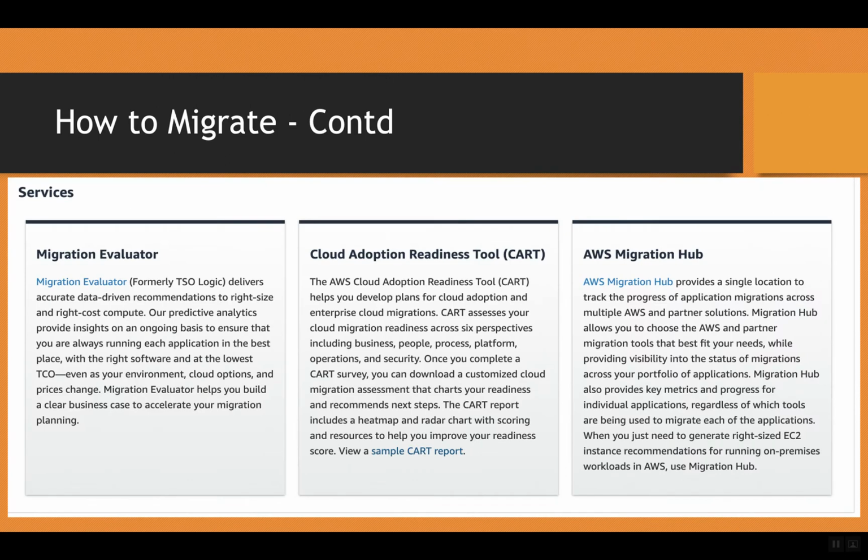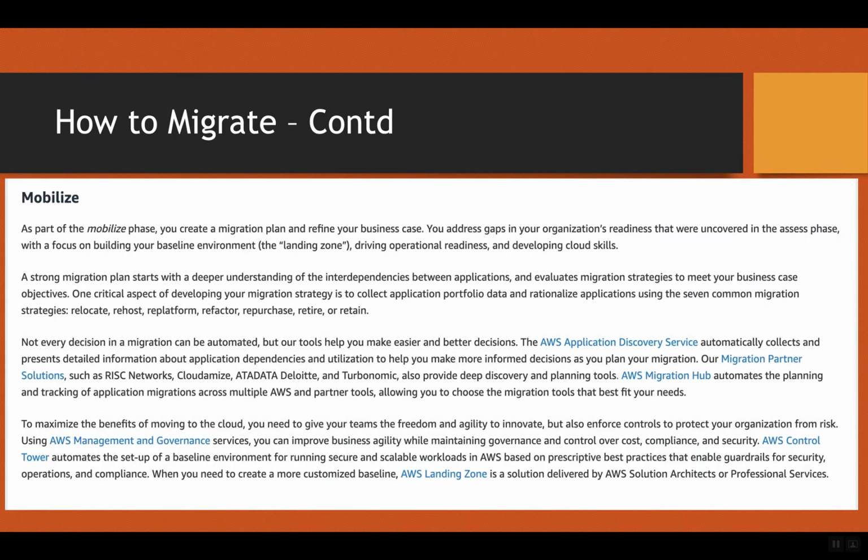How to migrate? You have Migration Evaluator that delivers accurate, data-driven recommendations for right-sized and right-cost compute. You have the cloud adoption readiness tool, and then you have the AWS Migration Hub.